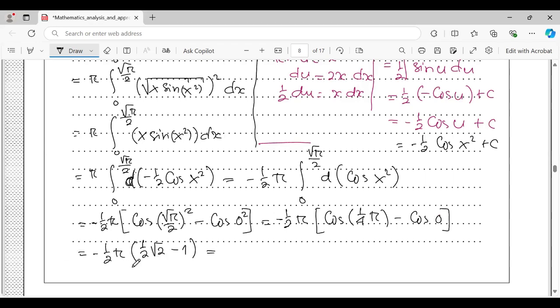If we multiply, it becomes minus quarter square root 2 pi, minus minus becomes plus, because minus multiplied by minus becomes plus.